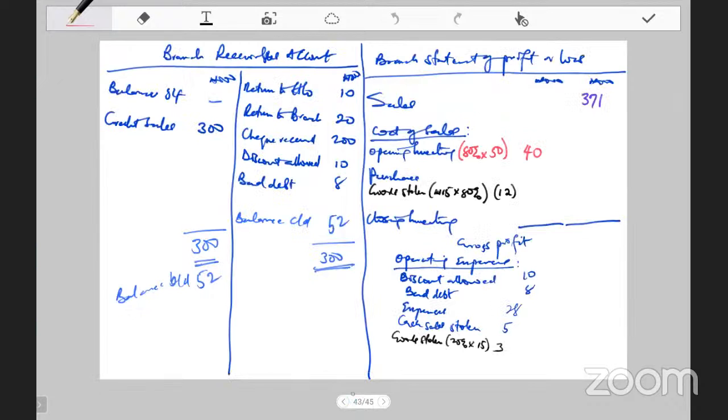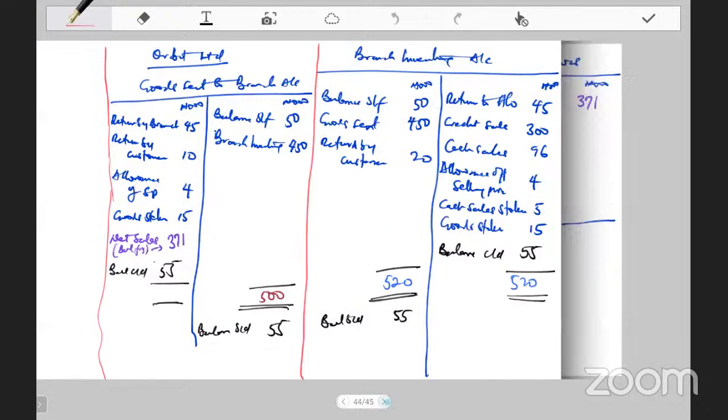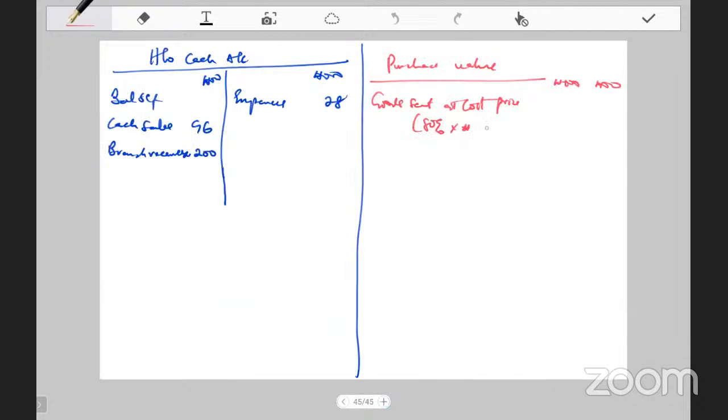The value of goods sent was how much? 450,000. So we say times 450,000. The answer is 360.